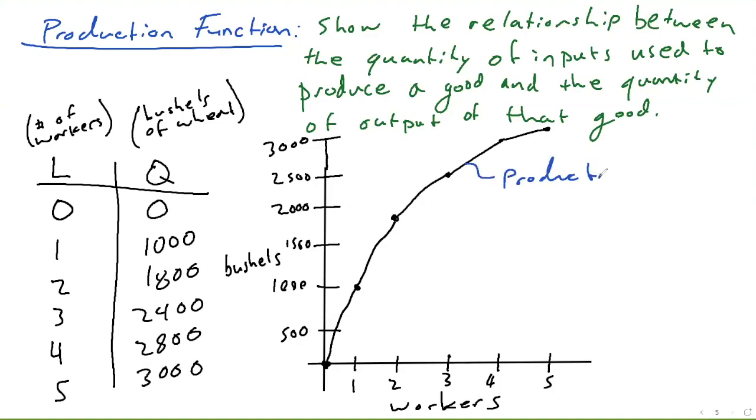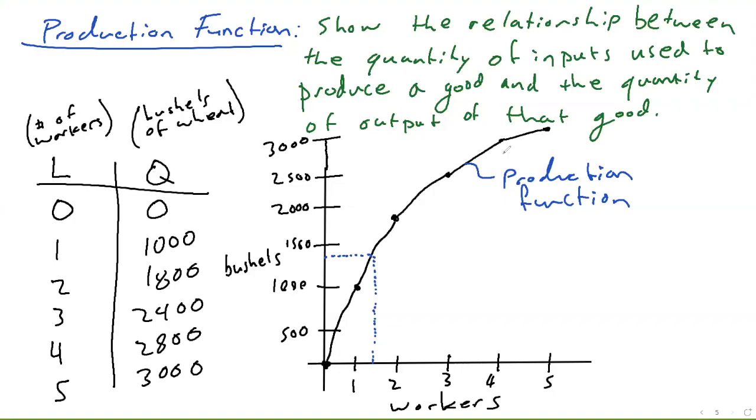So this line is our production function, and it relates any amount of labor to output. So obviously, there's no such thing as 1.5 workers, but if we had some other input here, we could find what our theoretical output would be based on that amount of input.